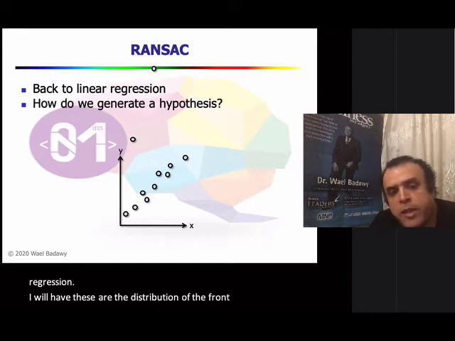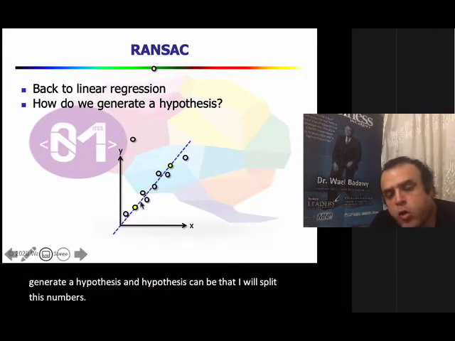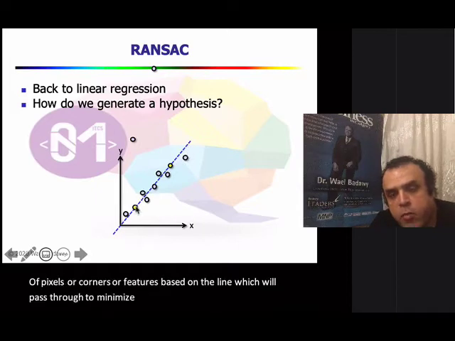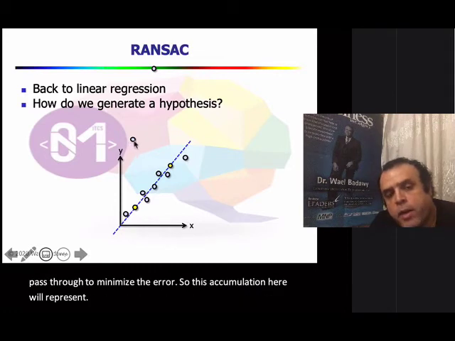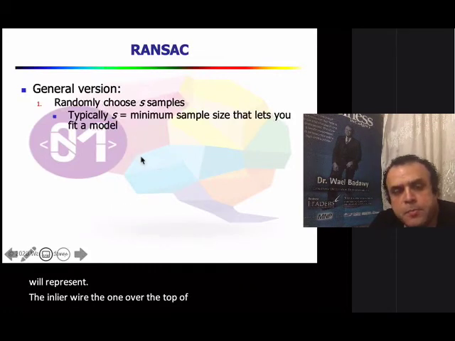I will generate a hypothesis, which can be that I split these pixels or corners or features based on the line which passes through to minimize the error. This accumulation here represents the inliers, while the ones over the top of the Y represent the outliers.